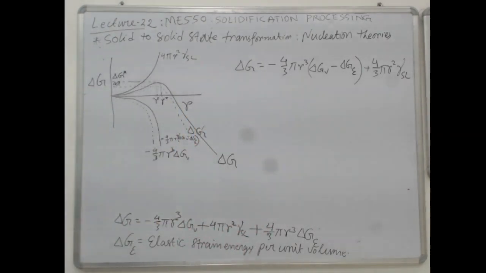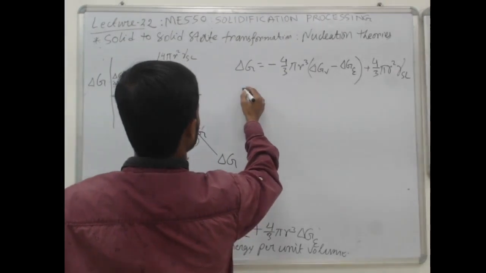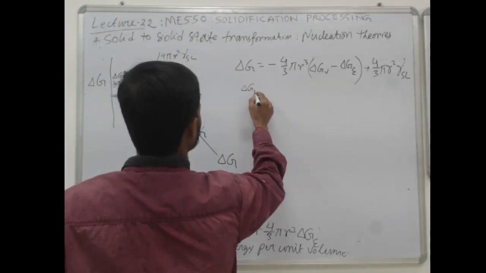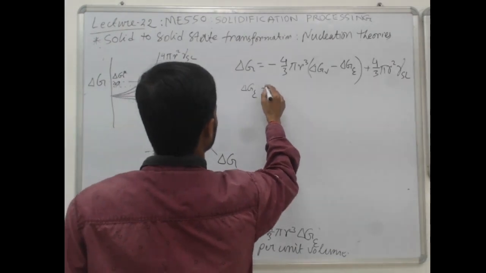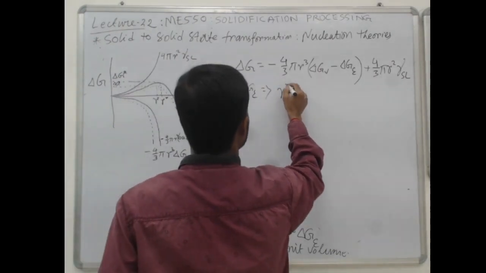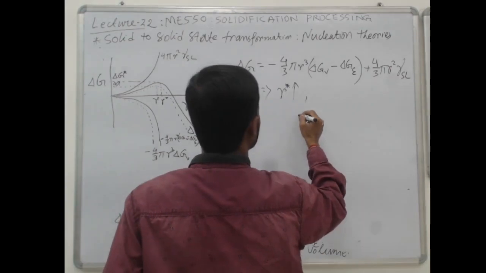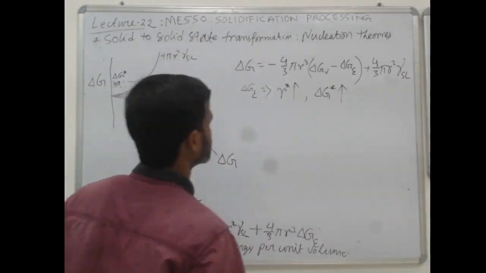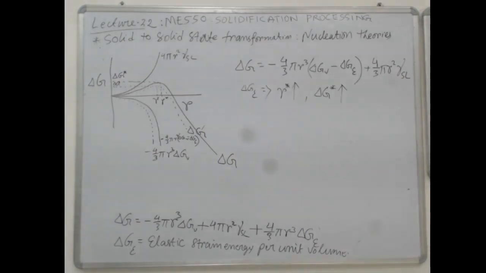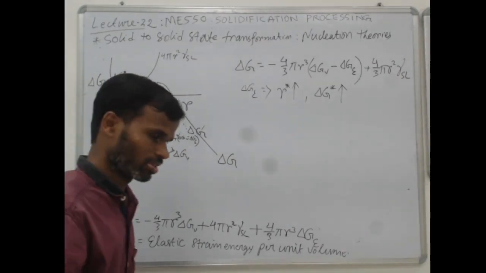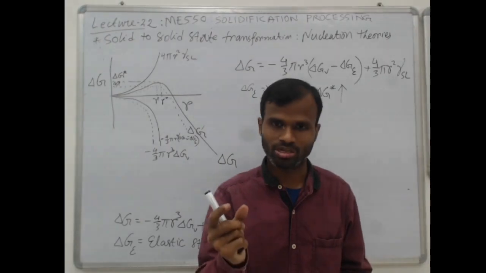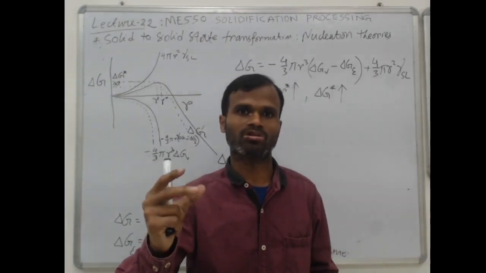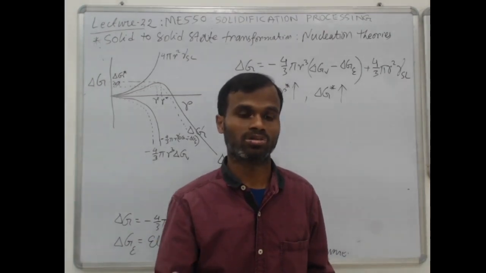Elastic strain energy, if you see delta GE, it increases R star, also delta G star. Because of the presence of this strain energy, now the critical size increases as well as the critical energy of formation also increases. So the barrier increases.